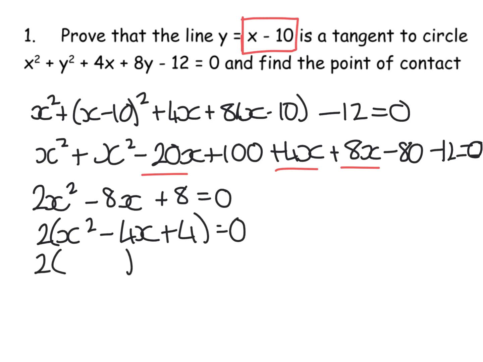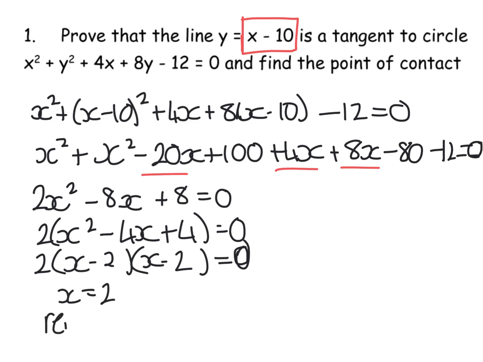This factorises, and this is what we're looking for. It factorises into matching brackets: x minus 2, x minus 2. And if you solve that, you get x equals 2 repeated. Now this is one of these must-write moments.